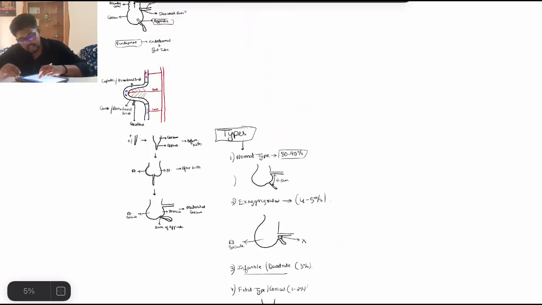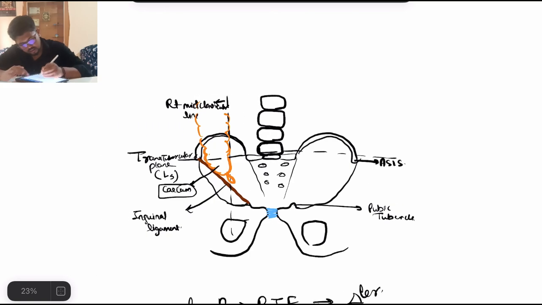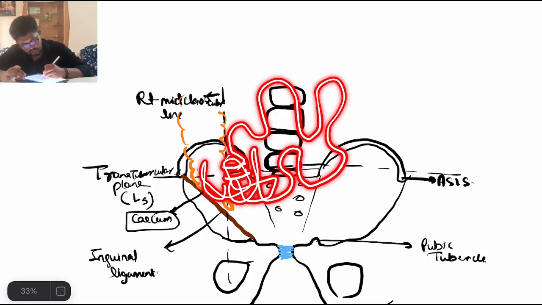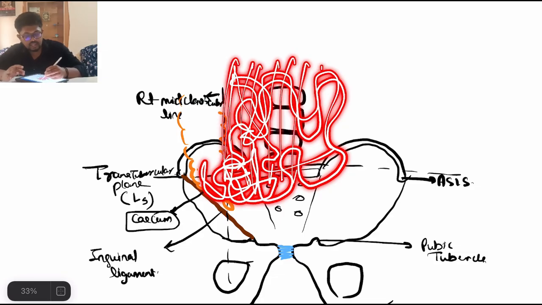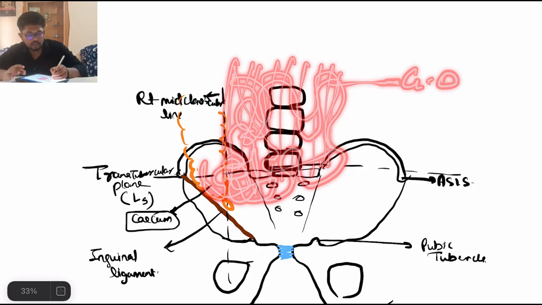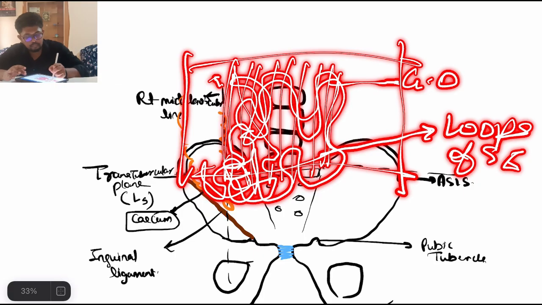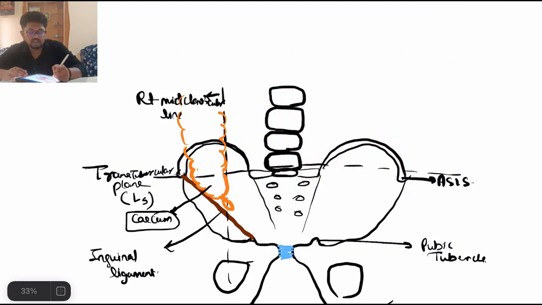So anteriorly, if this is the ileocecal junction, the loops of small intestine will be lying anteriorly, and they will be covered by the greater omentum. So greater omentum and loops of small intestine, and above all this what will be there? The anterior abdominal wall. So all these structures will form the anterior relation to the cecum.